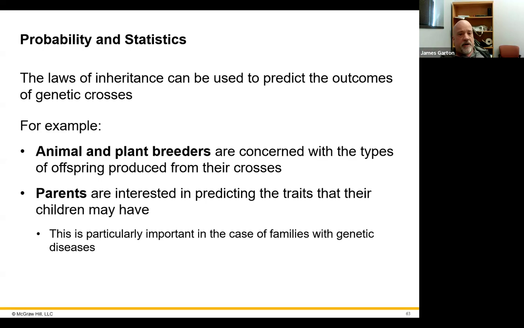But the laws of inheritance can be used to predict the outcome of genetic crosses. Some of this is fairly complicated, and some of this is fairly straightforward. There are some concepts in genetics that we get to in a later chapter in this textbook, and one of the things you might want to know about is genetic by environment interaction.